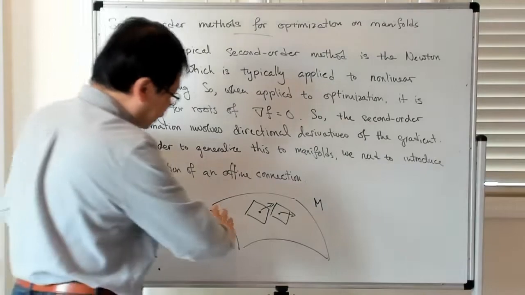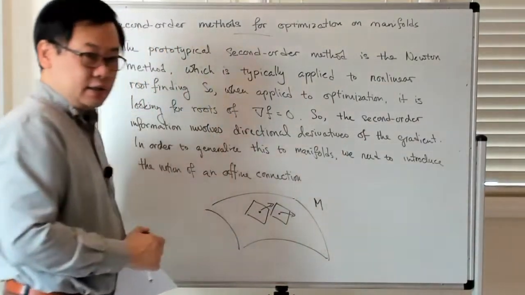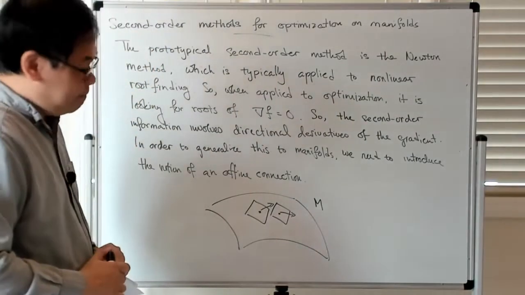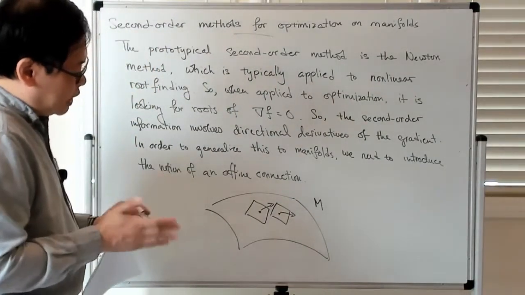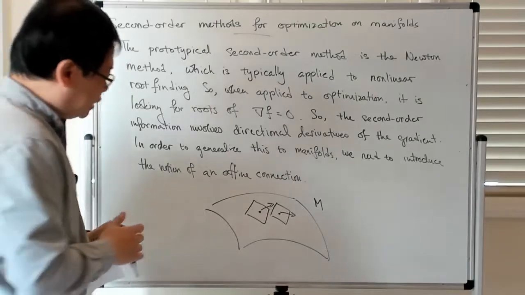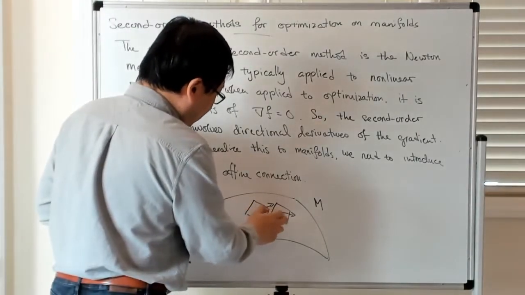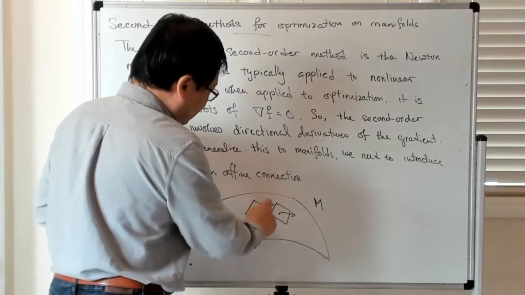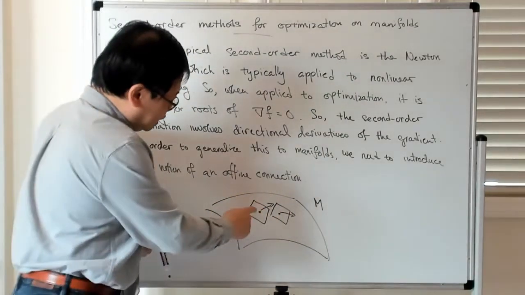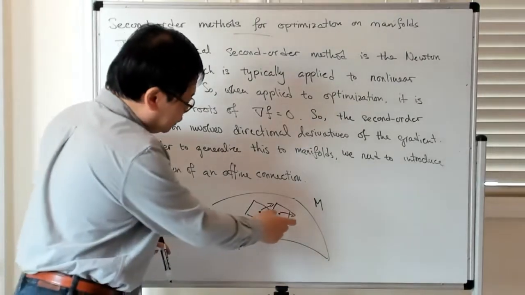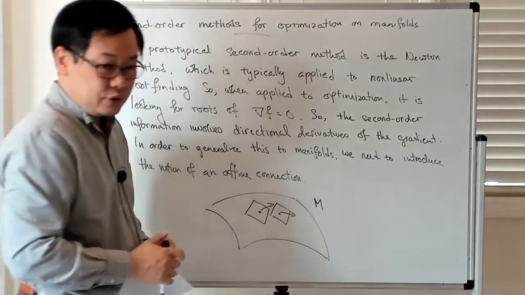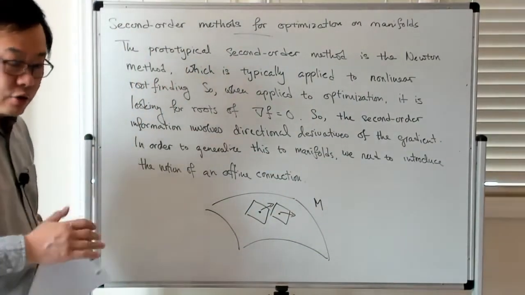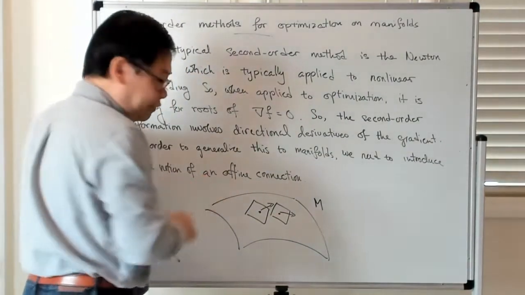Even if you think of this manifold as embedded in some larger space, these spaces are not the same. So there has to be a choice: I think of this vector as being associated with a vector in the same tangent space as the initial one. I have to do something like a transport from one tangent space to the other, and the way you go about doing this is through an affine connection.